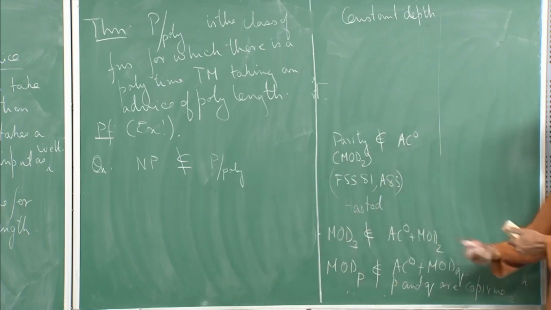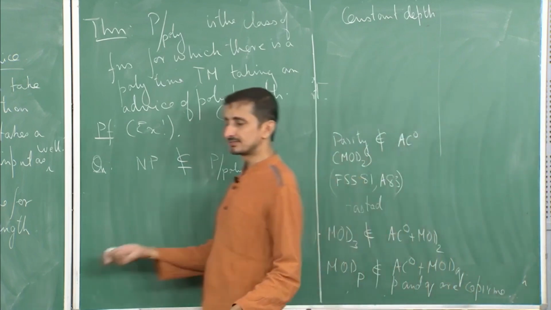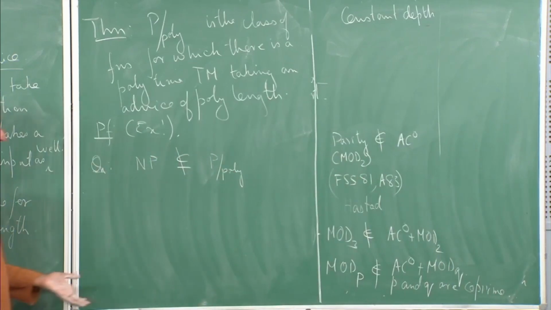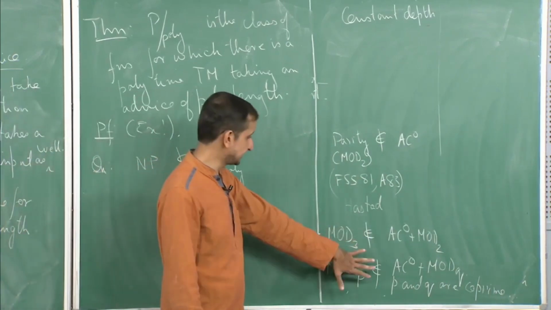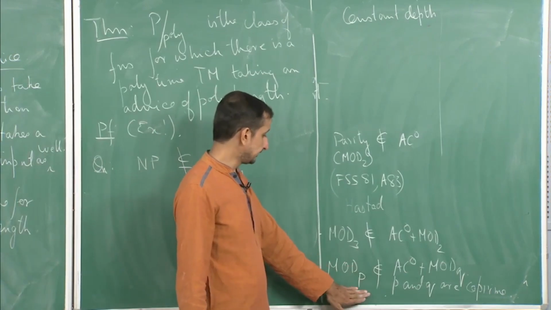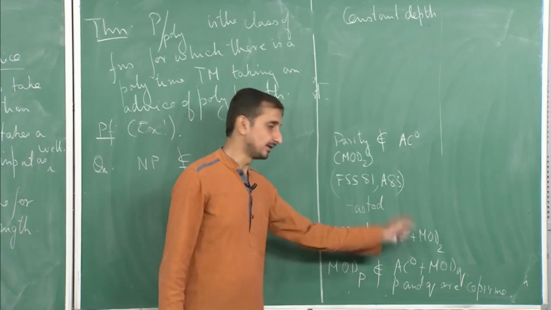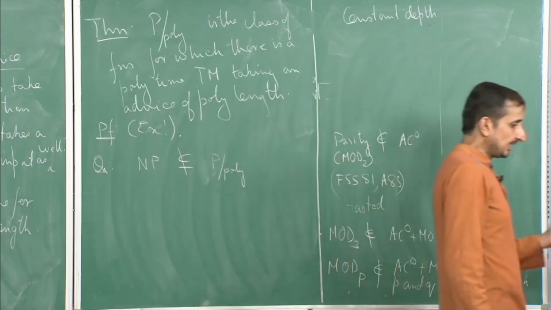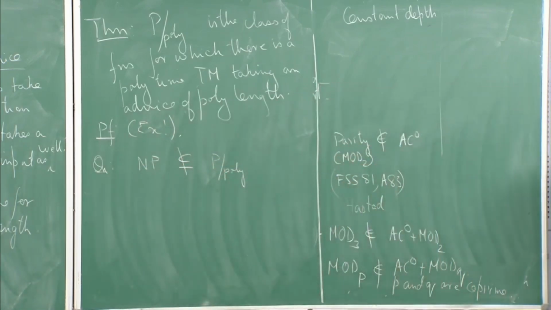If I take, for example, 5 and 7, let us take primes for the time being, then mod 5 cannot be computed if I have mod 7 gates.